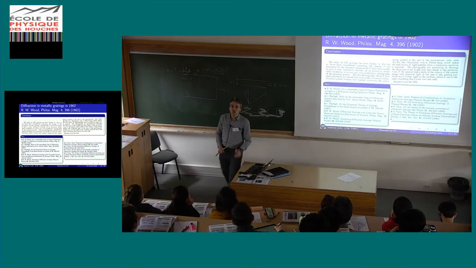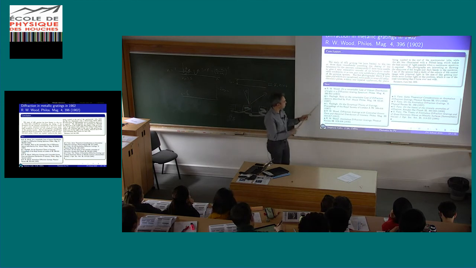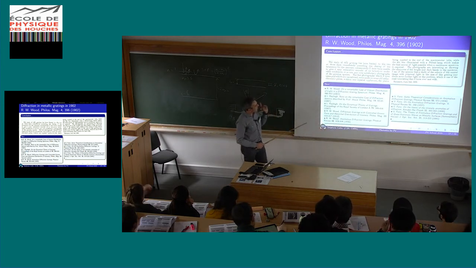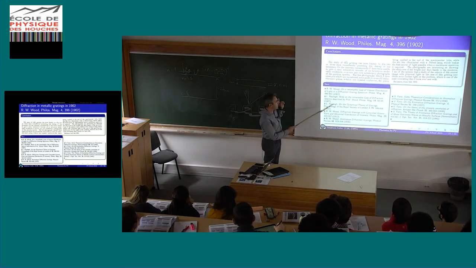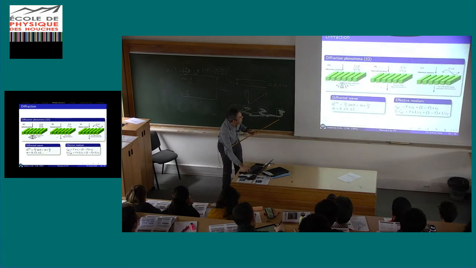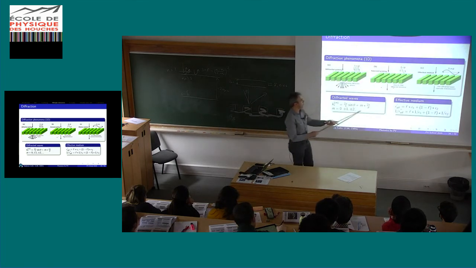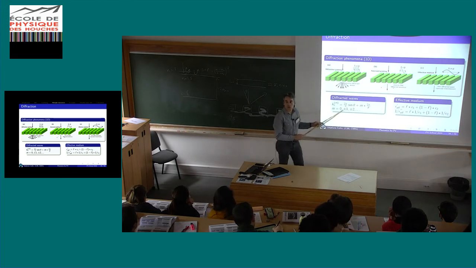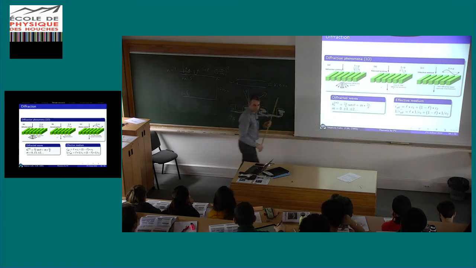I guess you want to read more articles like this, so you have some references here. Just an interesting point: Rayleigh, only 5 years later, explained exactly what I explained here, with this formula for how to find the angles of diffraction.